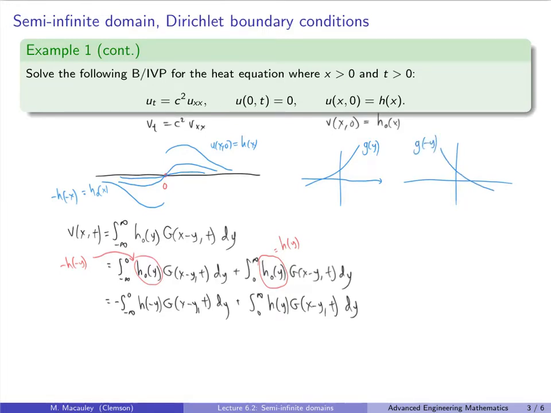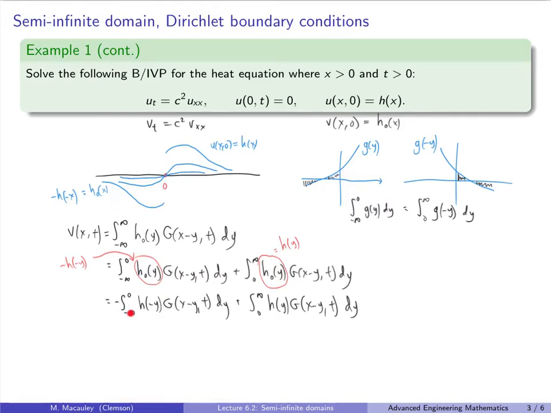Notice how these two functions are related: they're just reflections of each other. If we integrate from negative infinity to 0 of g of y, that's the area under the curve. Of course, that's just equal to the area under the curve in this region, so that's the integral from 0 to infinity of g of negative y dy. Given that, I can rewrite this integral.